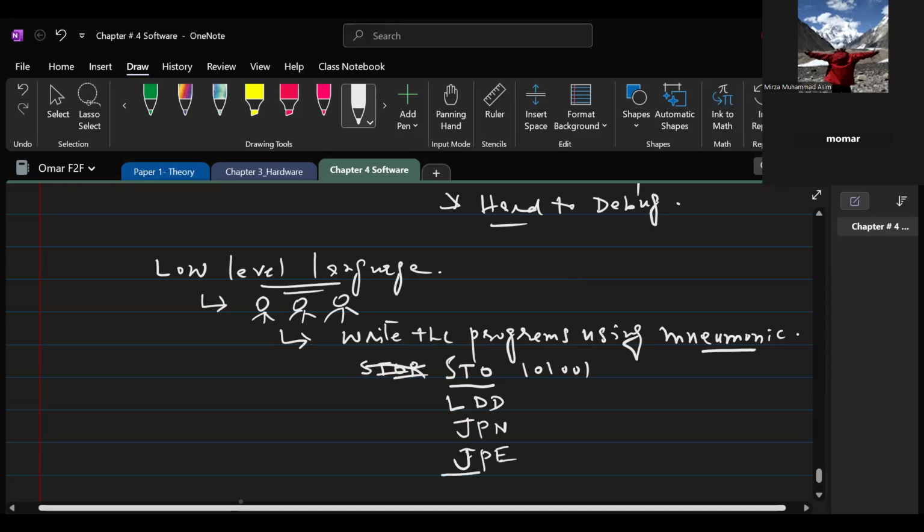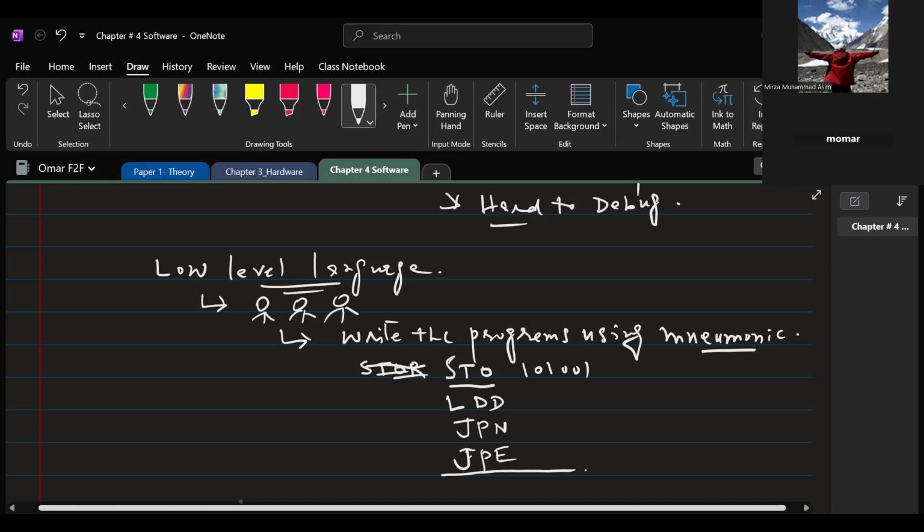So these were the mnemonic codes. It means people started writing the codes in the English language. Though that was very complicated to understand, it was much better and easier than zeros and ones.